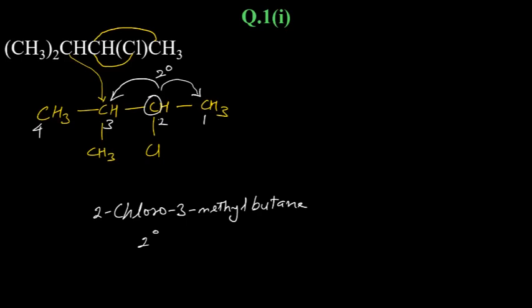Then you need to mention whether it is alkyl, allyl, benzyl, or aryl. This formula does not have any double bond, so there is no chance of it being allyl or vinyl. So it is simply alkyl in this case. It is not benzyl. It is not aryl.